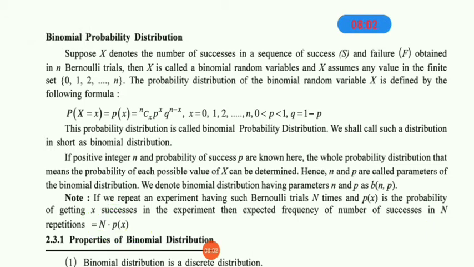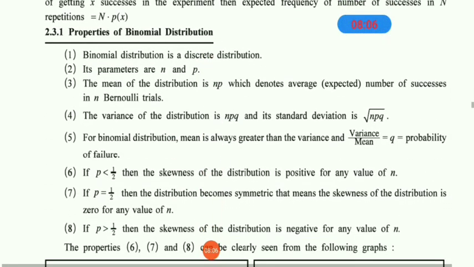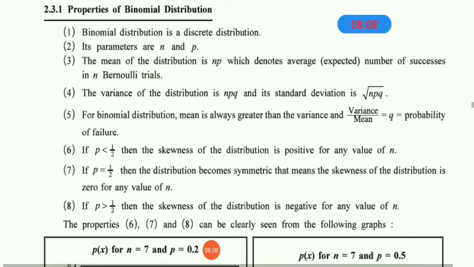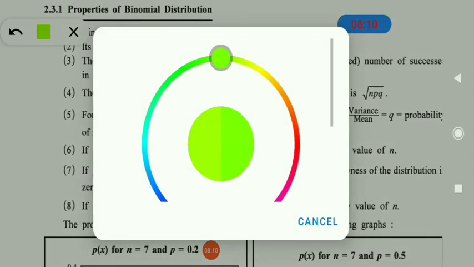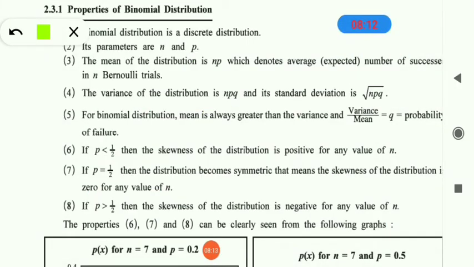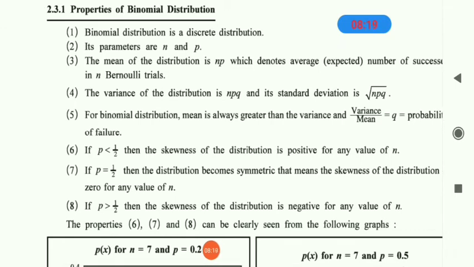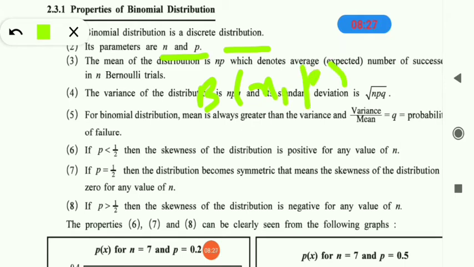Now we have to discuss the properties of binomial distribution. First, binomial distribution is a discrete distribution. Second, its parameters are n and p, as we already denote B(n, p).